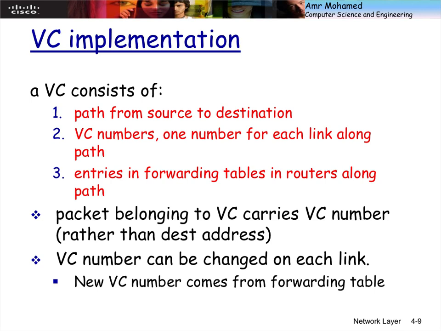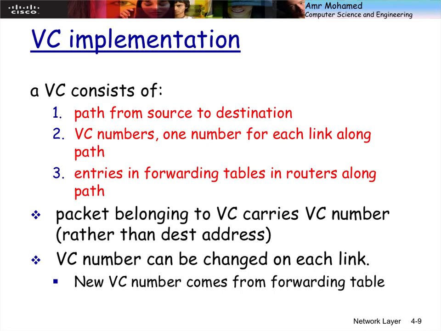So a virtual circuit consists of a path from a source to destination. The source can be a host or a network. Destination can be a host or a network. Okay, and we'll see the slight difference. Virtual circuit numbers, one number for each link along the path. So this virtual circuit number refers to the connection end-to-end.